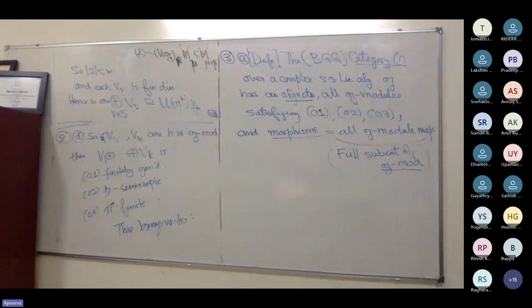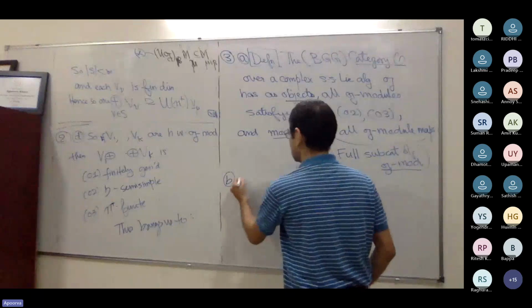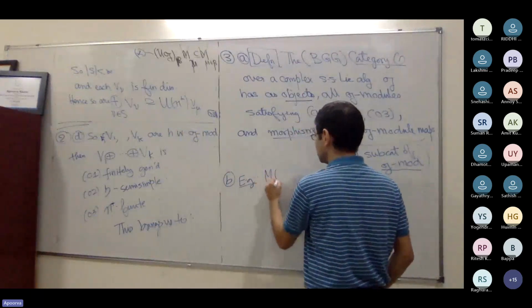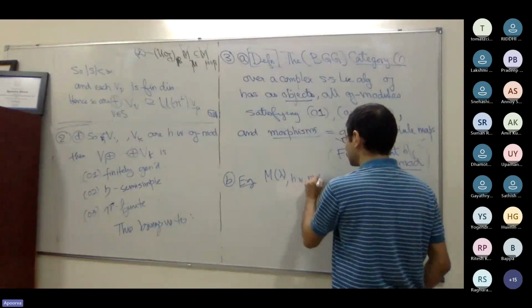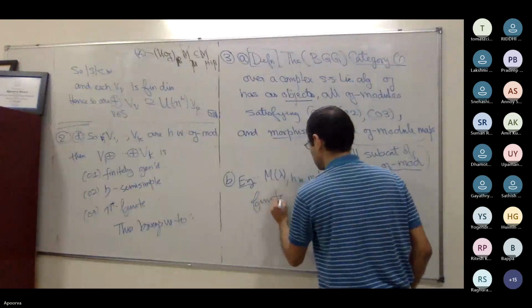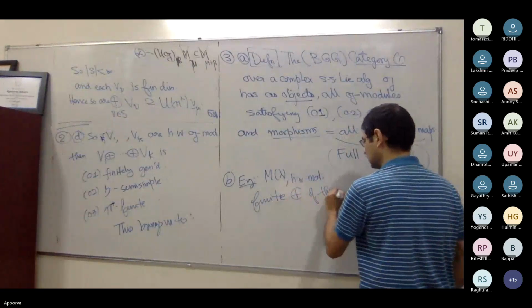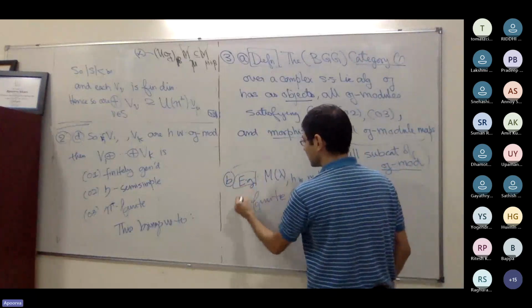So examples, I suppose. Verma modules, highest weight modules, and as we said, finite direct sums of these. So maybe these are some basic examples.